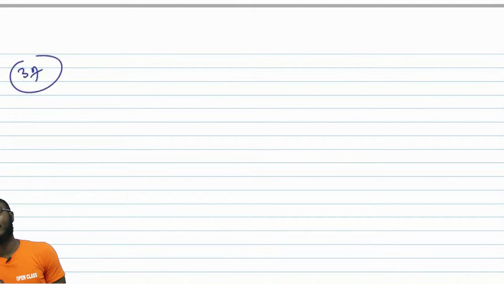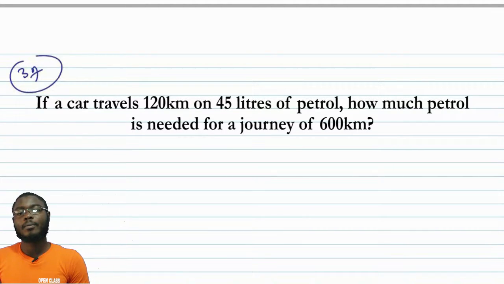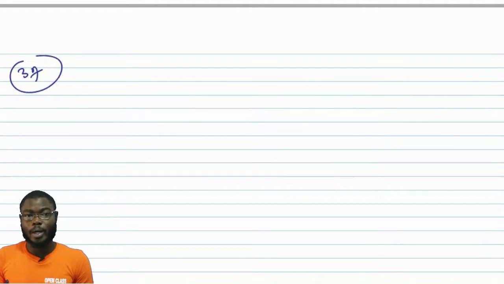Question 37 says if a car travels 120 kilometers on 45 liters of petrol, how much petrol is needed for a journey of 600 kilometers? So the solution is quite simple.